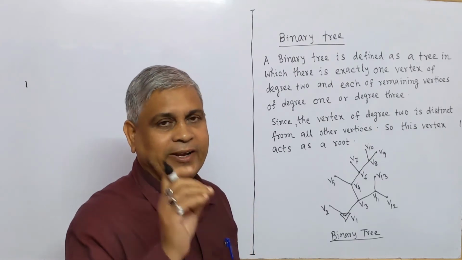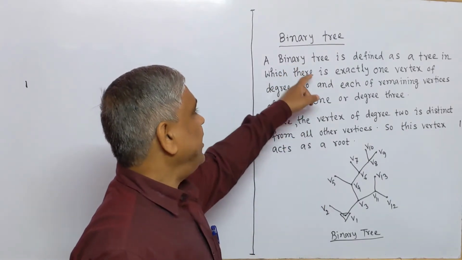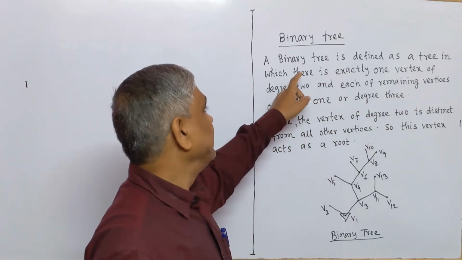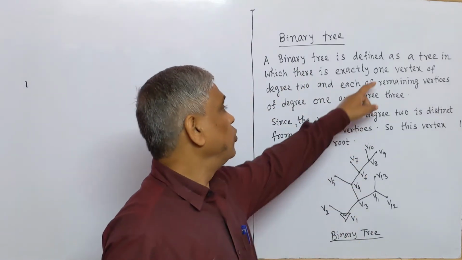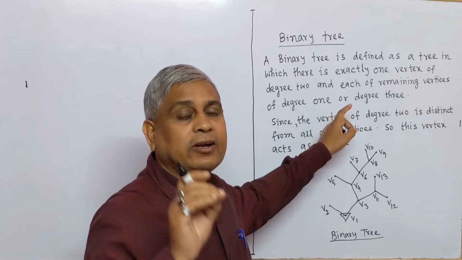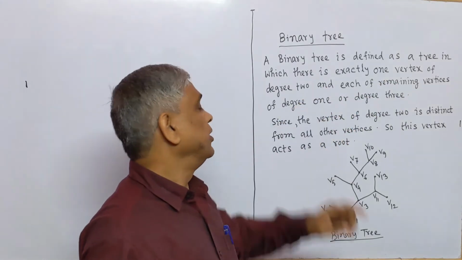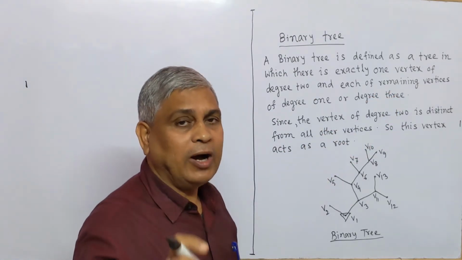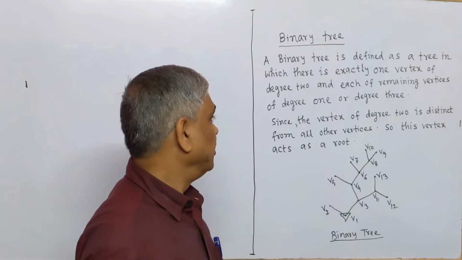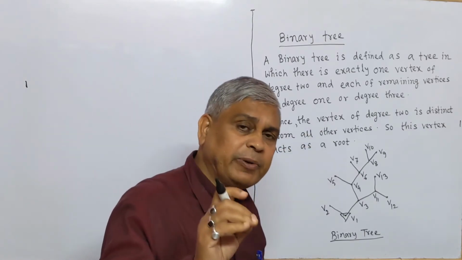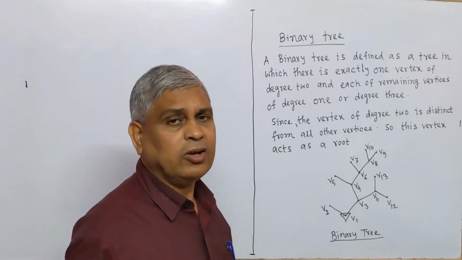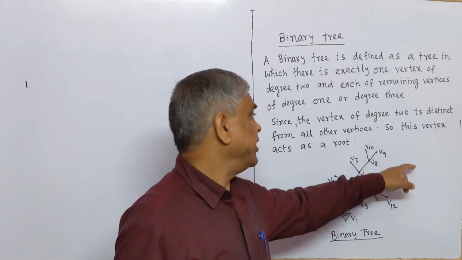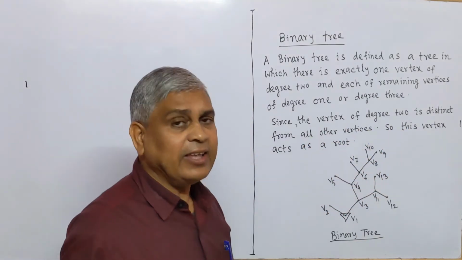Now we define binary tree. A binary tree is defined as a tree in which there is exactly one vertex of degree 2, and each of the remaining vertices is of degree 1 or degree 3. Since the vertex of degree 2 is distinct from all other vertices, this vertex acts as a root.